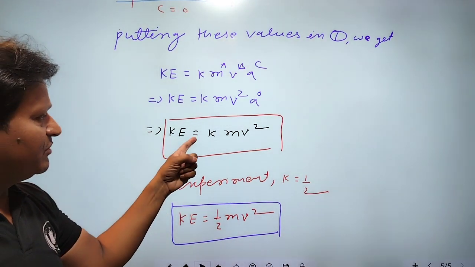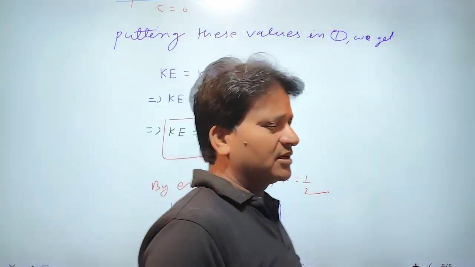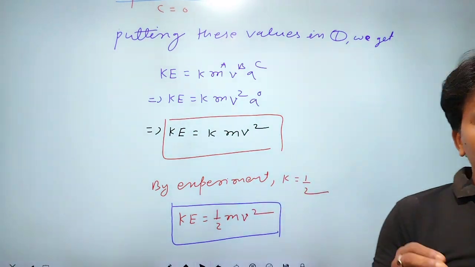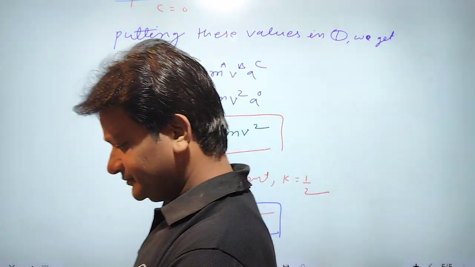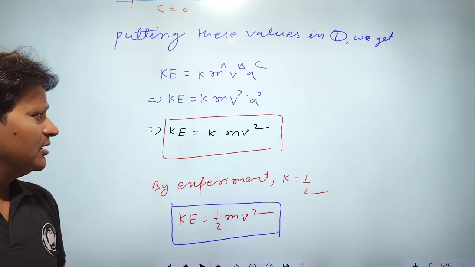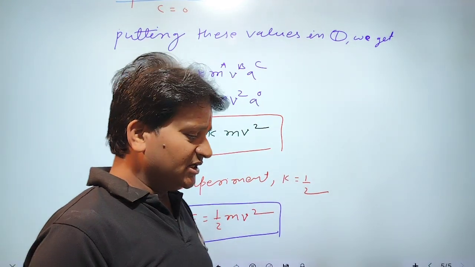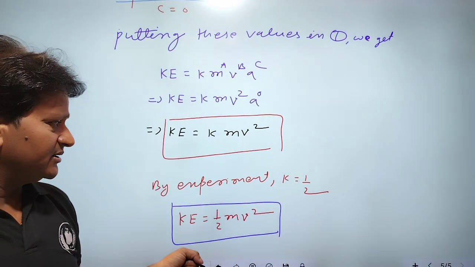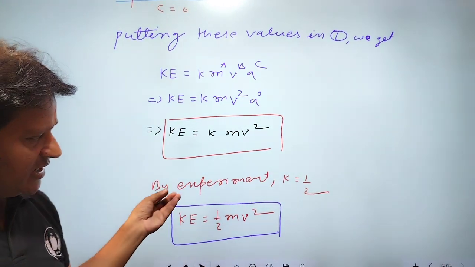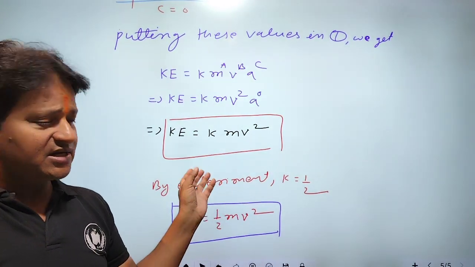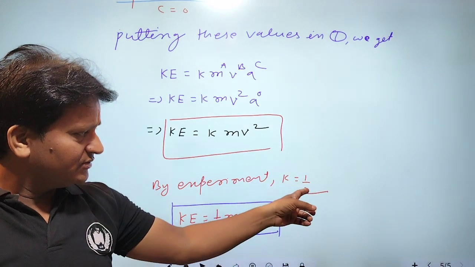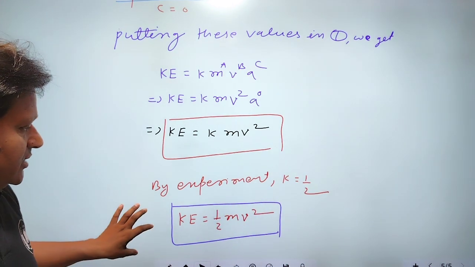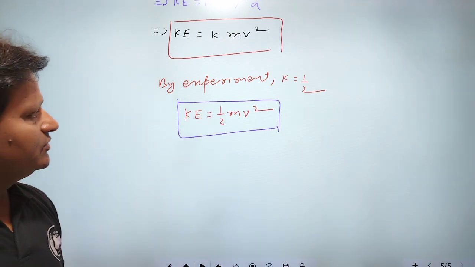Here the value of K cannot be determined by the dimensional method. The value of K is only determined by experiment, which is equal to half. Therefore, kinetic energy will be equal to half mv square.